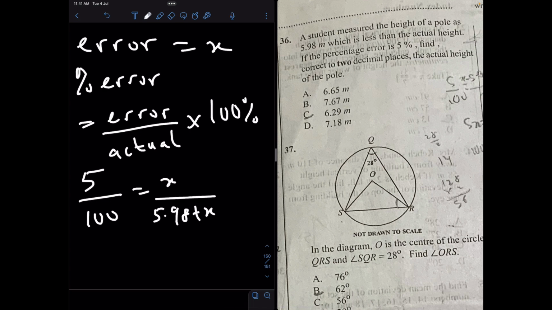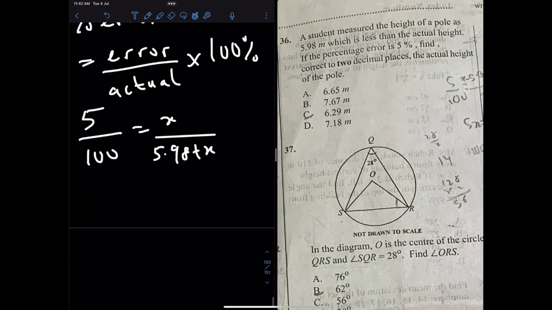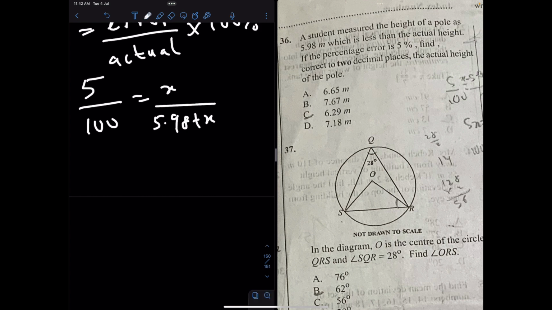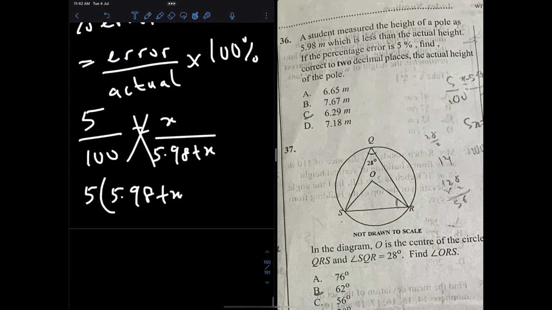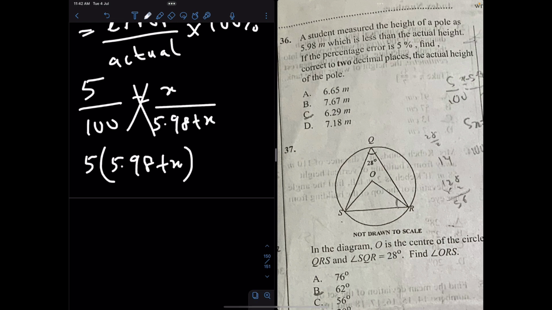We don't need to put times 100% anymore. So we can cross multiply to have 5 into bracket 5.98 plus x.